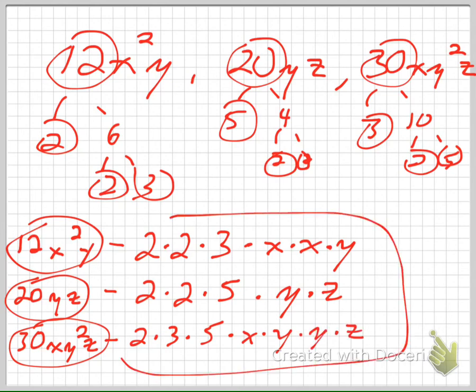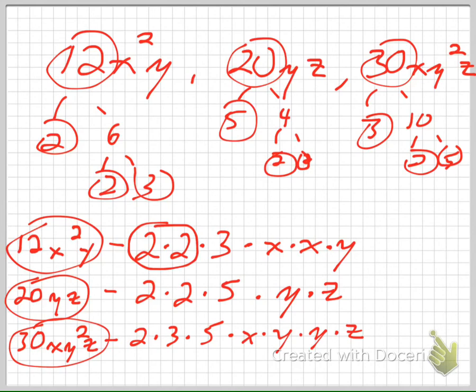What do we have down here? 2's, 3's, 5's, x's, y's, and z's, right? Which one has the most 2's? Either one. Which one has the most 3's? Either one. Which one has the most 5's? Either one. Which one has the most x's? The first.